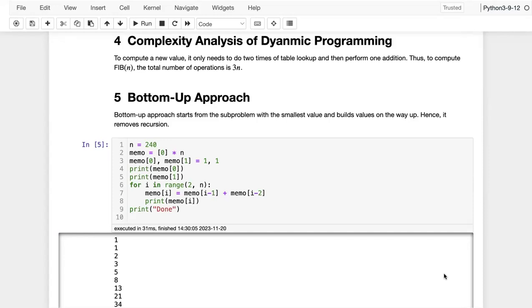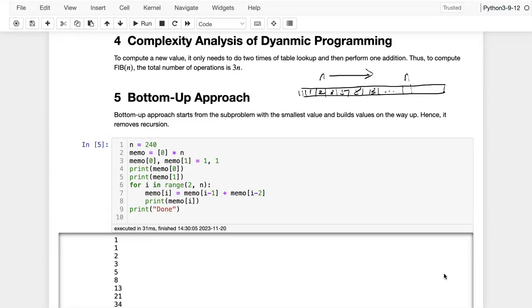I'm going to directly start from here. To begin with, we have two 1s, and then n goes in this direction, and each time I sum up the previous 2, and so on. So this is bottom up, and bottom up is more efficient.